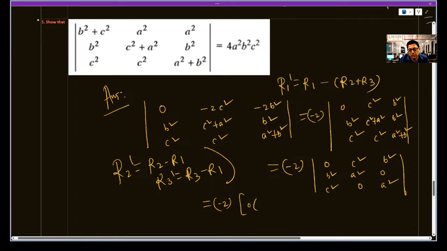Minus 2, 0 into A square minus 0, minus C square into B square into 0 minus A square C square. Check once.